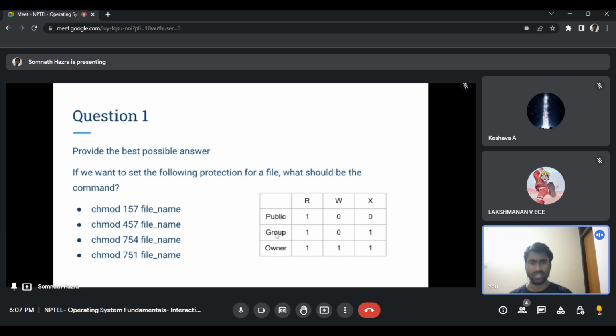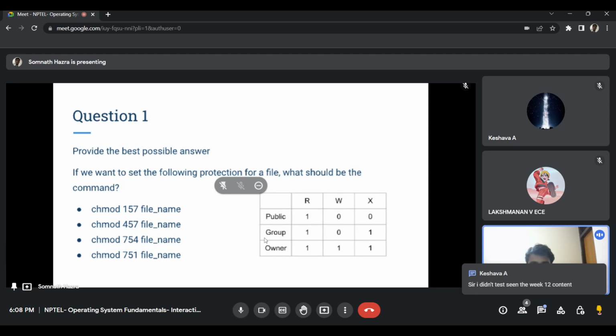Okay, so what chmod does is it is used to change the permissions related to a file. So there are primarily three stages of permissions that you need to set. That is for the owner of the file, for the group to which the owner belongs, and for the general public as such, to anybody who is accessing the system.